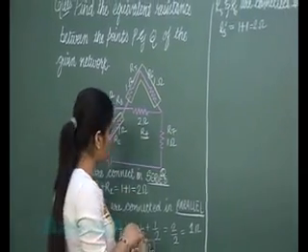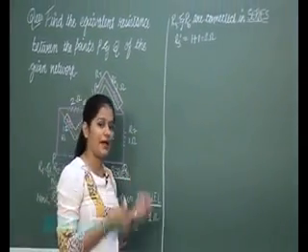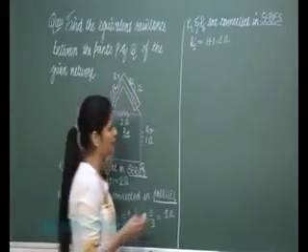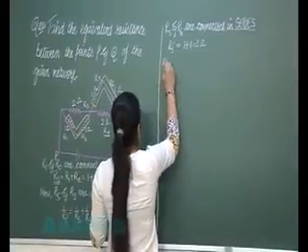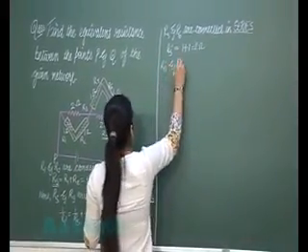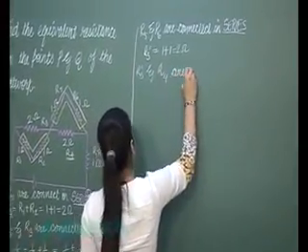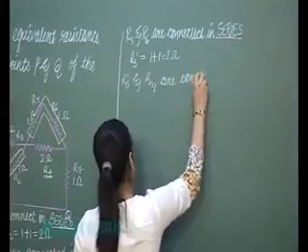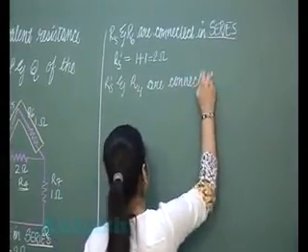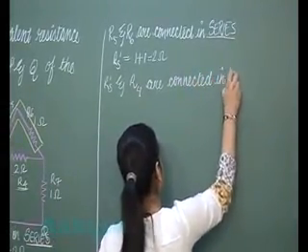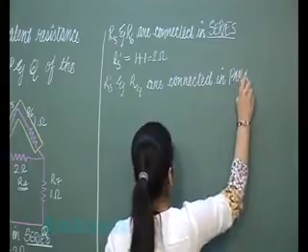So Rs prime and R4 are connected in parallel combination.